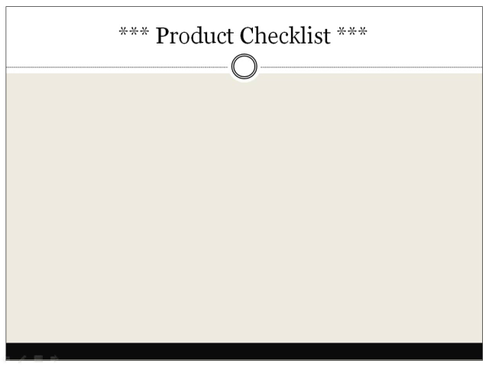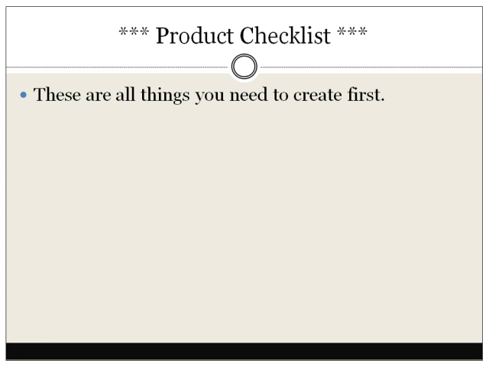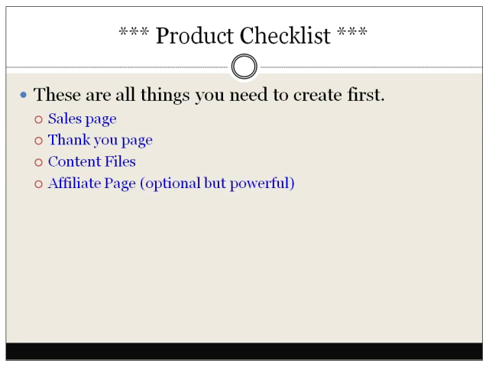So product checklist, this is something that you will need to jot down. I'd say the most important part of this specific video. These are all things that you need to create first. You need to create the sales page, thank you page, content files, and you're going to need to zip those files up. You're going to need to have the affiliate page.